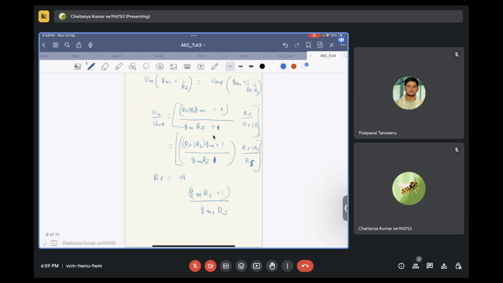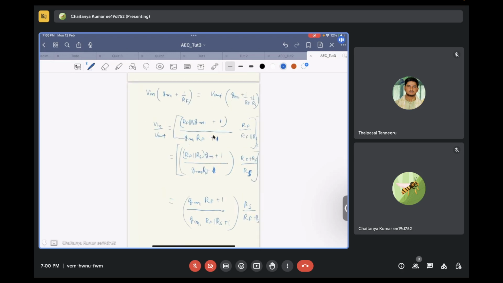So your value is GM1 RF plus 1 divided by GM1 RF parallel RS plus 1, times RS upon RF plus RS. What happens if GM is equal to 0?